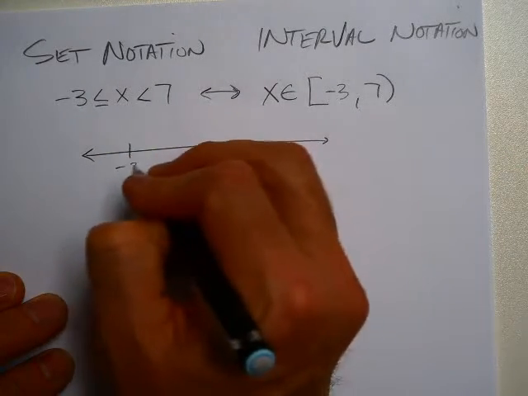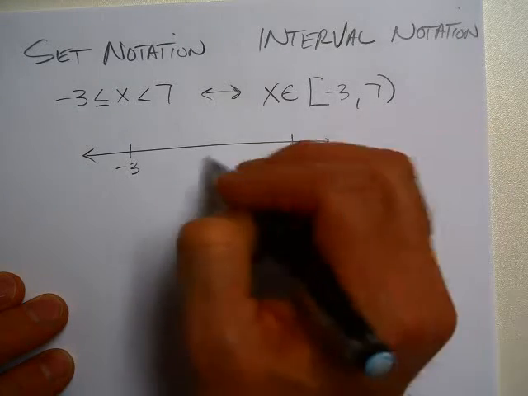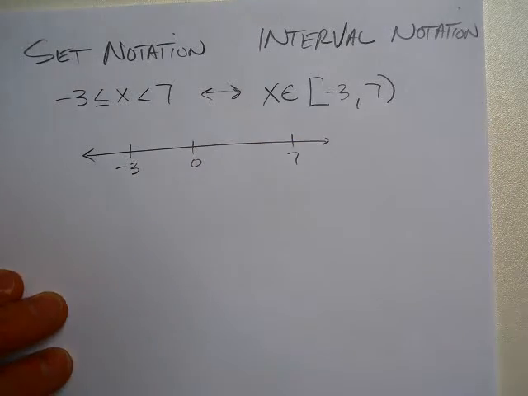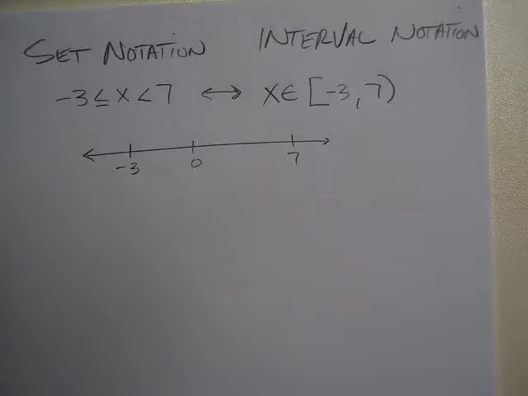Maybe somewhere over here is a -3, and over here somewhere is a 7, and a 0 would be somewhere in between those two, maybe about there. You can put the marks in if you want, but I don't know that it's totally necessary.